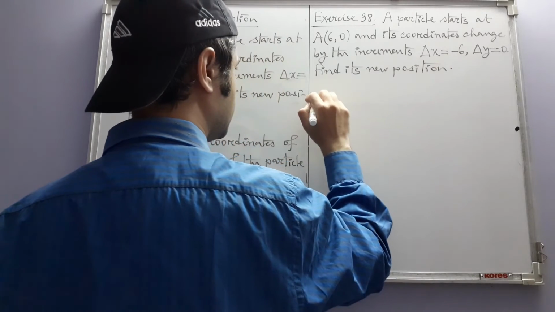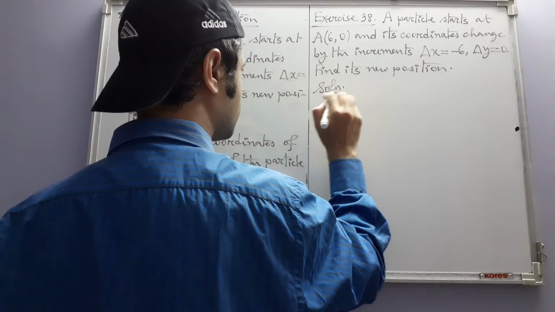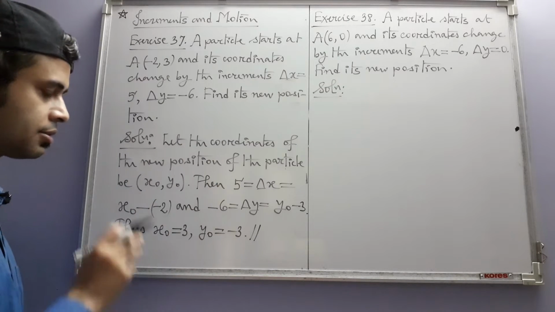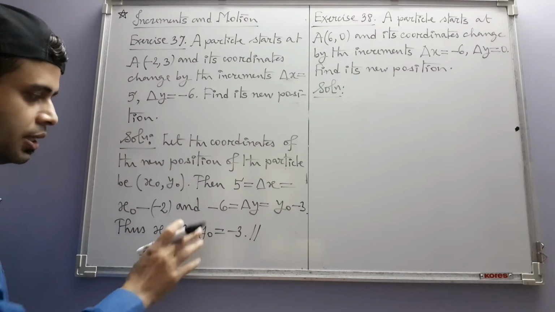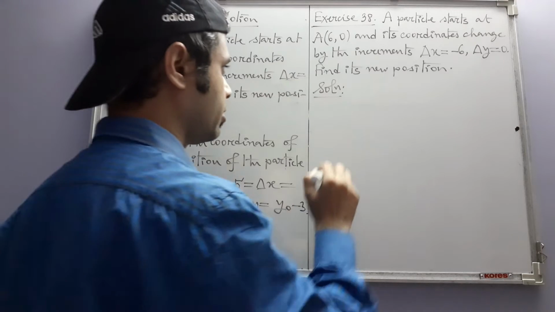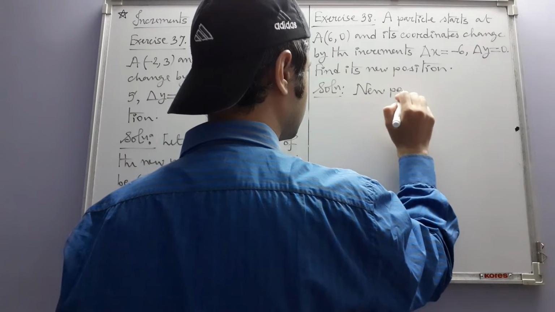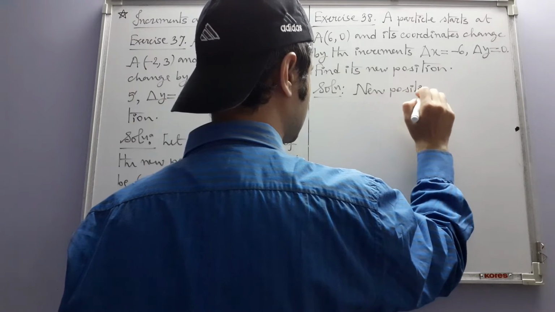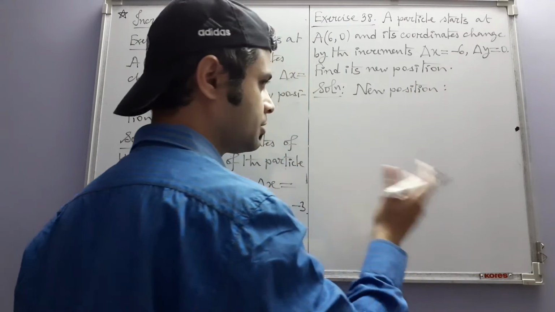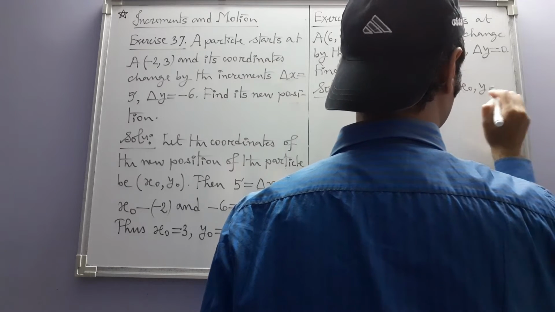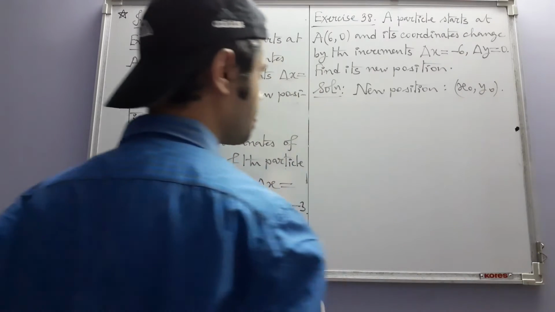So this time we can write the solution more sketchily, just writing whatever we are going to calculate. So let the new position be, of course this is not how the solution should be written, but it's just for the sake of showing what is to be done.